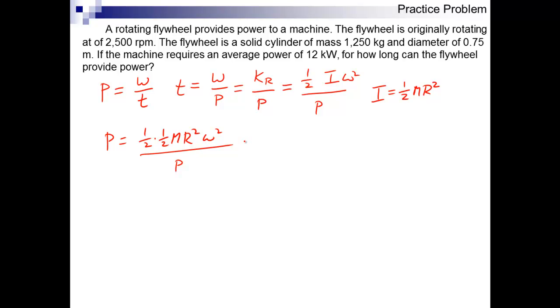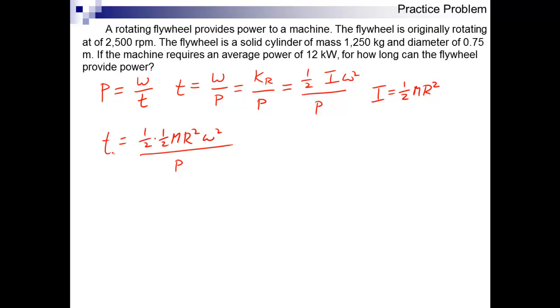And the only thing that we really have to fix here, now this is the time, I should say. This should actually say the time. This is the time that we're solving for here.